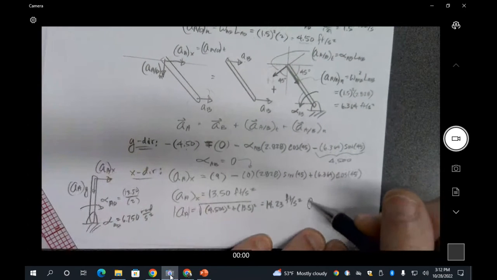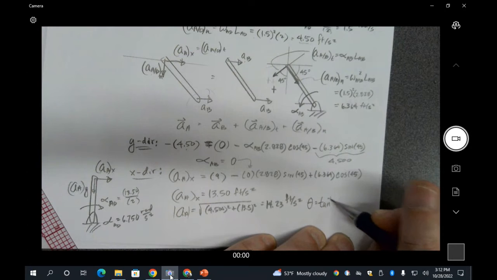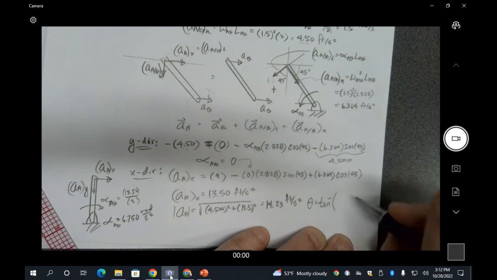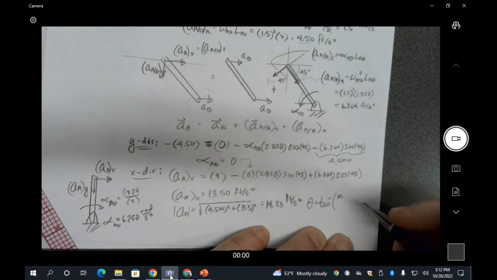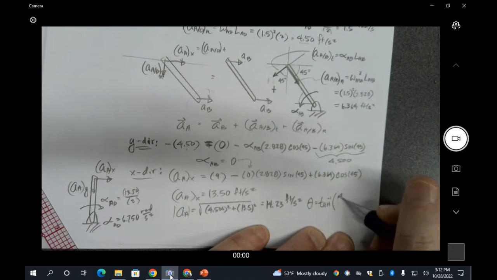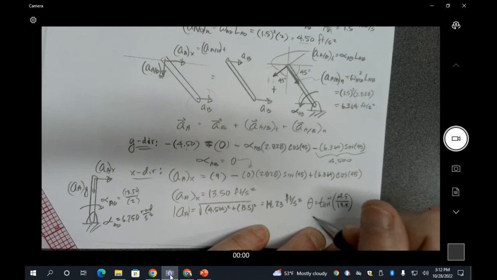And then the angle of that, which I'll just call theta, but probably should give it some kind of name that's identifiable. We're just going to take rise over run. So that's going to be the 4.5 divided by 13.5.